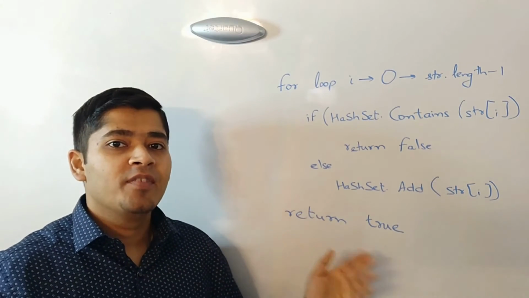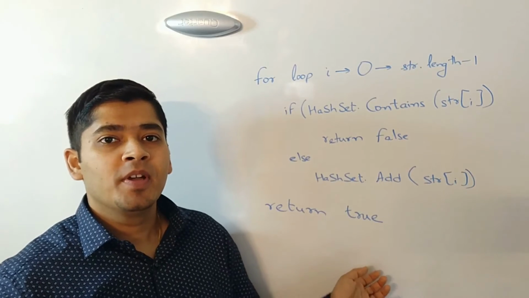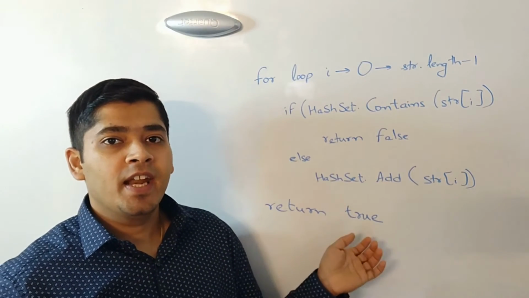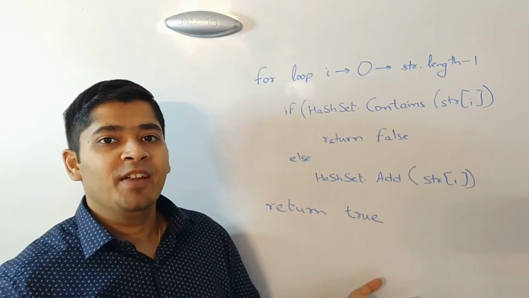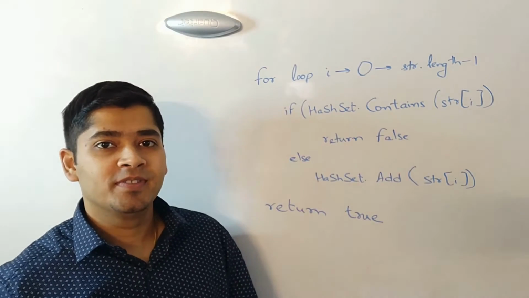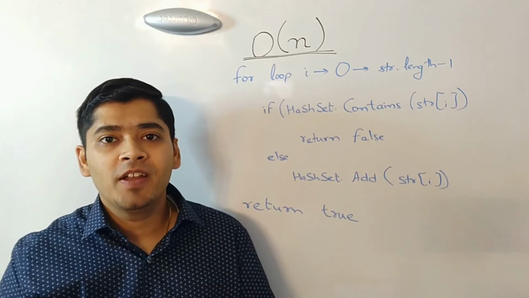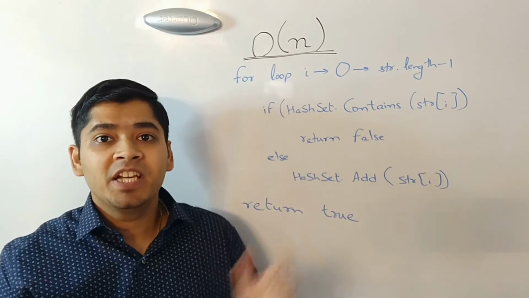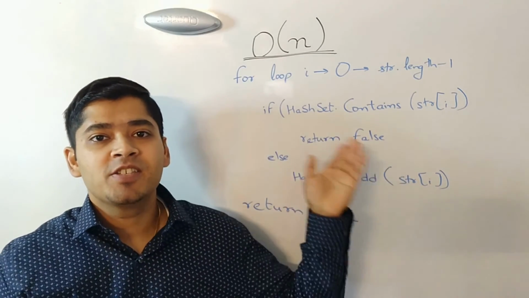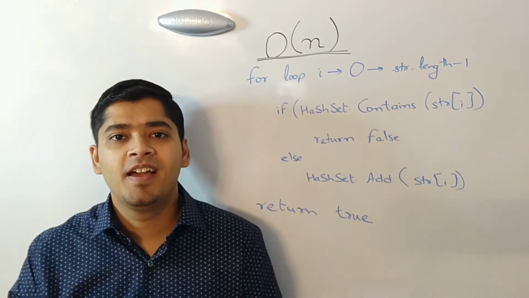If it does not, we simply add it to the hash set. If at the end of the for loop, we do not find the character in the hash set, that means all the characters are unique and we return true. Since the lookup in hash set is just O of 1, the algorithmic complexity of this whole solution is O of n, where n is the length of the string.